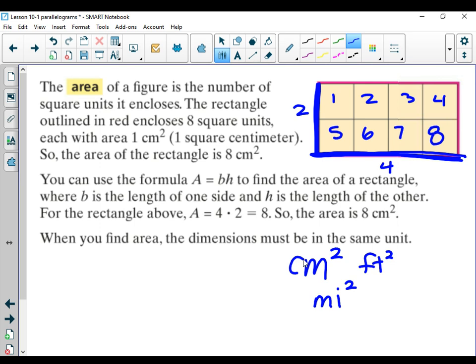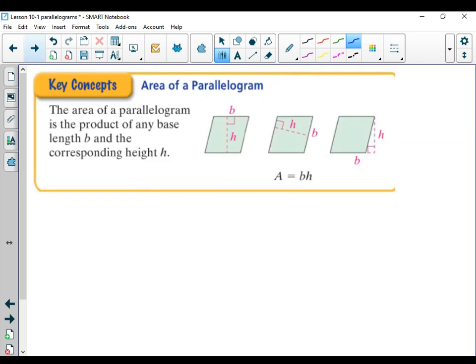So I can count every single square there is, or I could just take the base times the height, which is the official formula that Mr. Lefebvre or Mr. Heil or Mr. Johnson taught you.